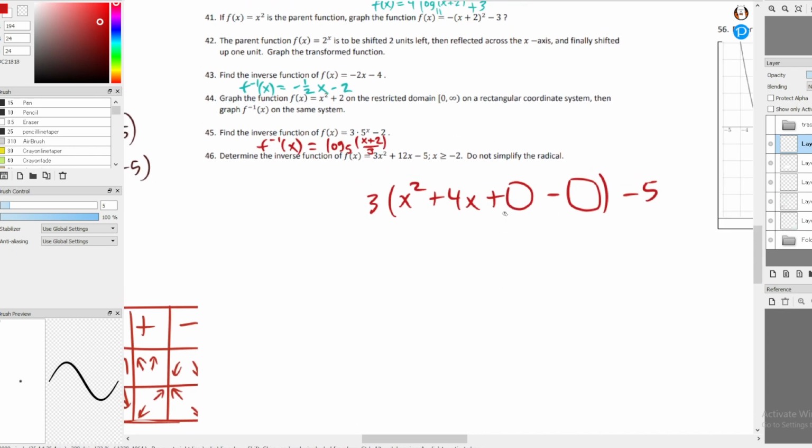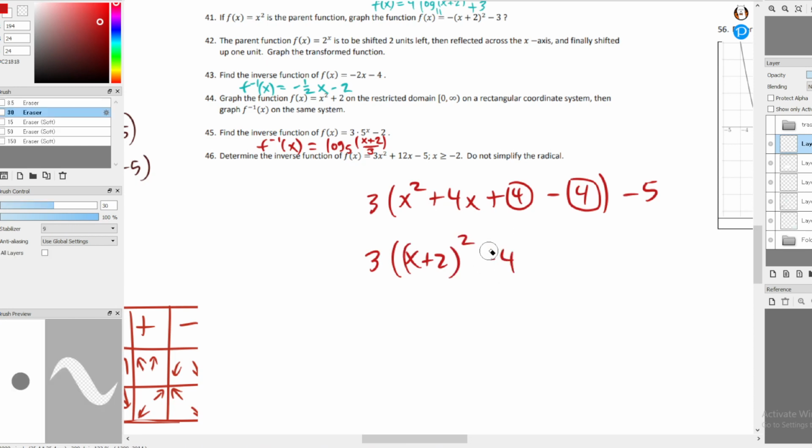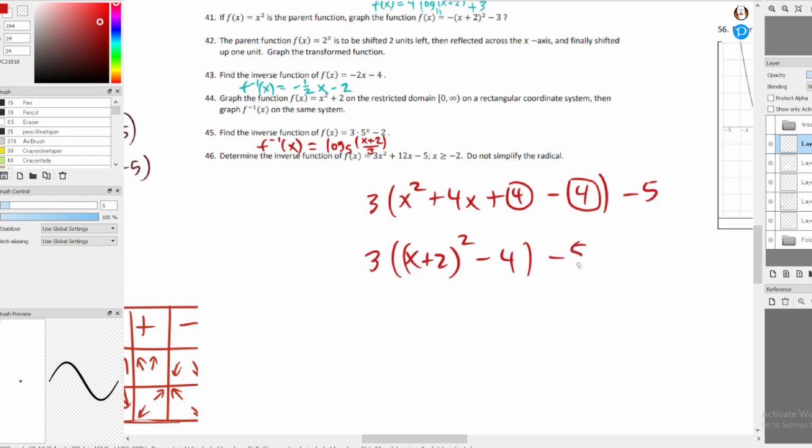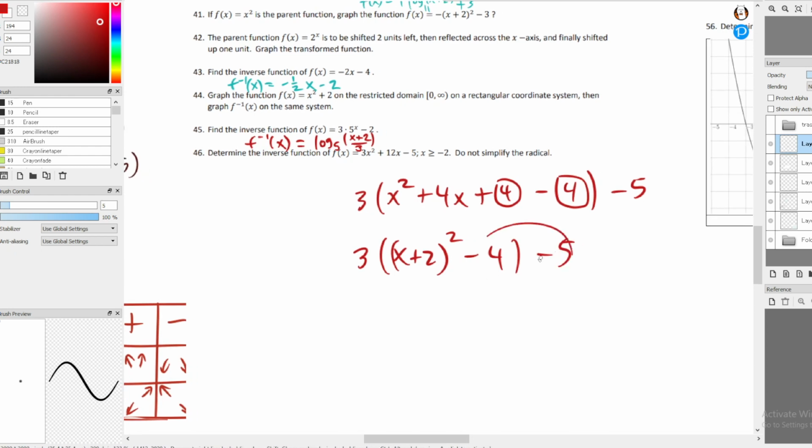And then divide by 2. 2 squared is 4. You get 3 times x plus 2 squared minus 4, minus 5. To take this out, we need to multiply by 12. So we get 3 times x plus 2 squared, minus 12 minus 5 is negative 17.